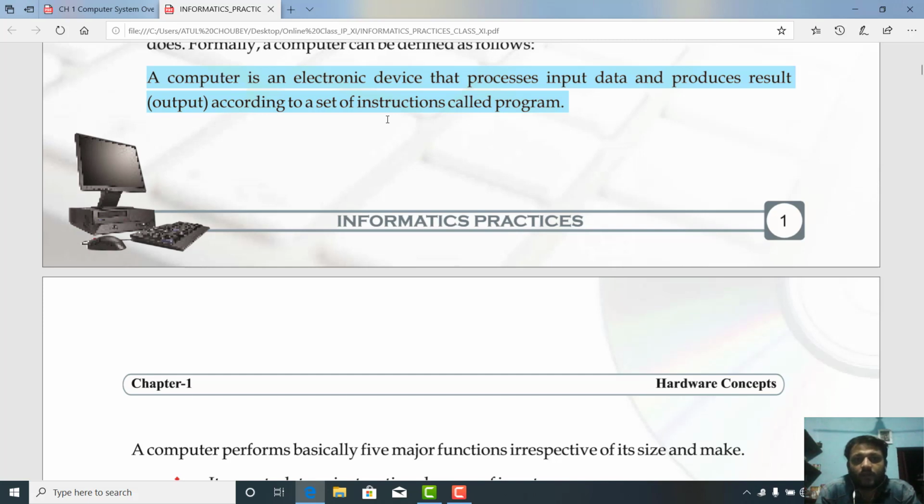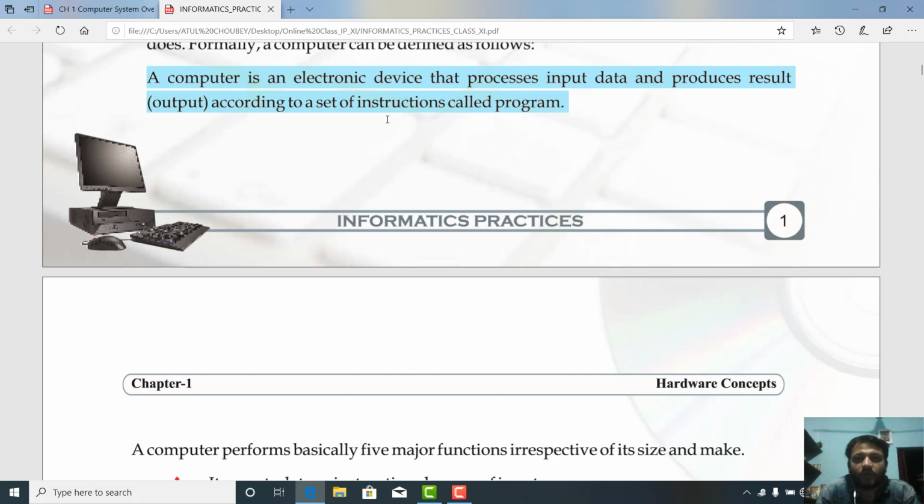Means which program you have made, according to that program it gives the output. So that is the main function of computer.